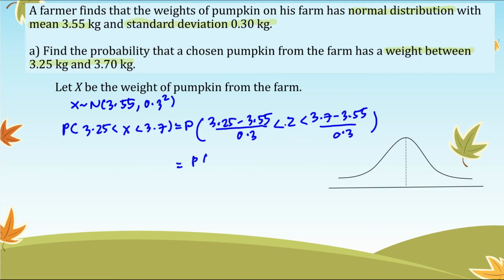Simplify the value, we will get Z between negative 1.00 and 0.5. In the bell curve, this is the area.